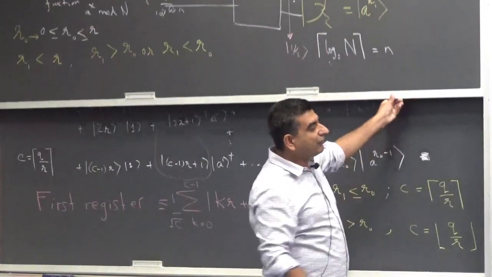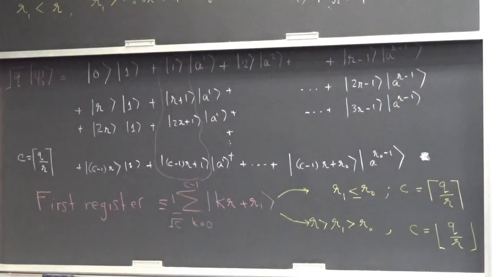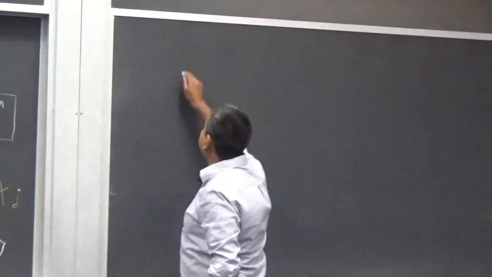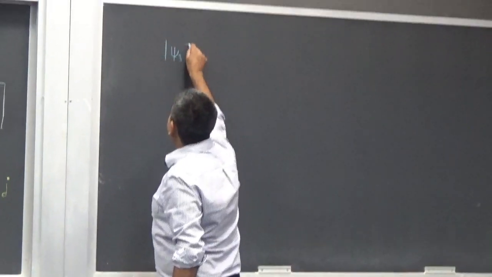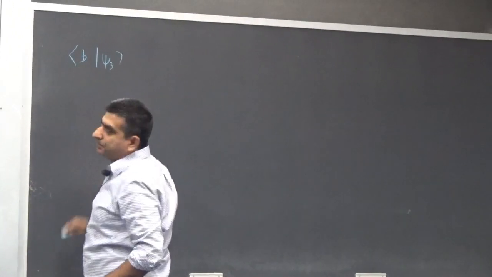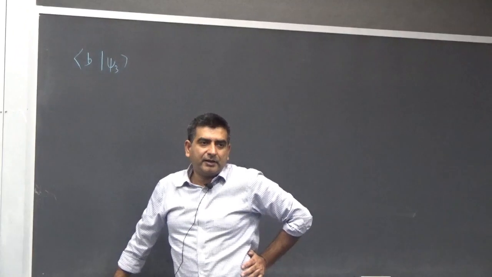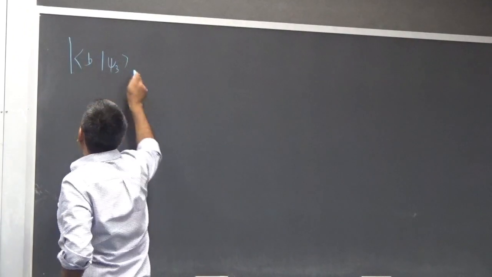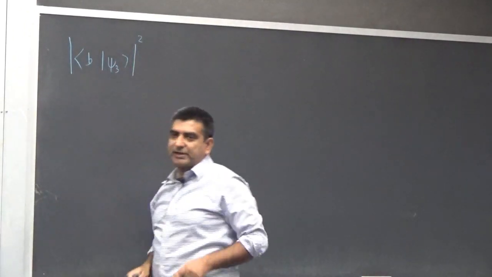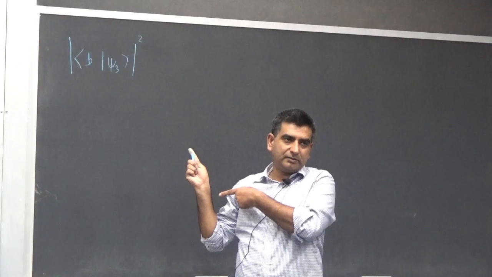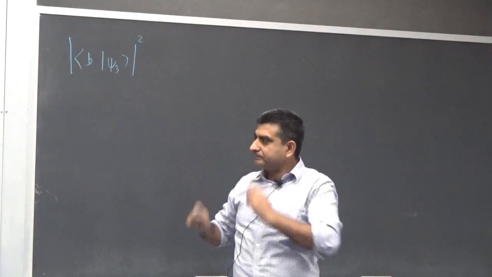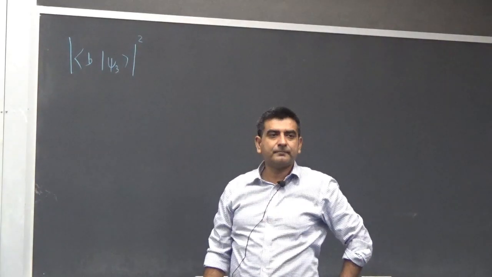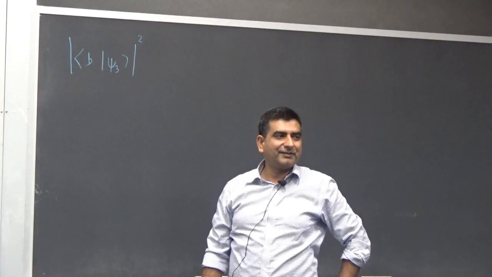So what we would now like to do is find out the probability distribution. So if we have psi 3 and we project onto a state ket B, we want to find out what this probability distribution looks like. This is what we need to do, don't we? Got it?